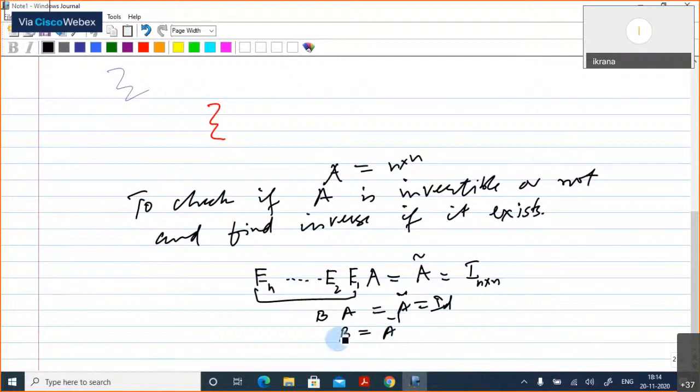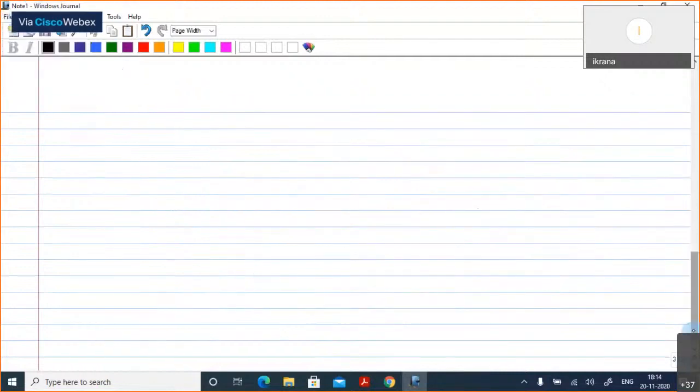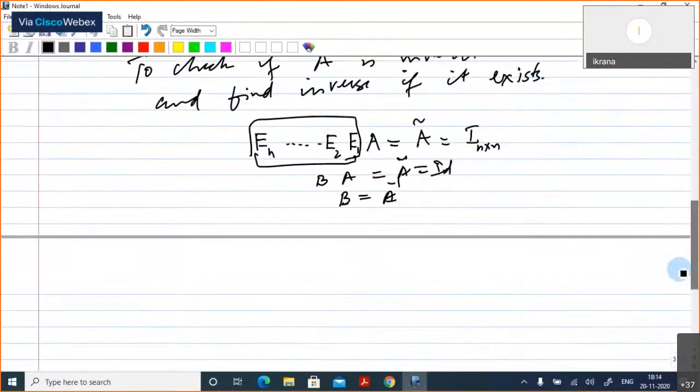So to get this B, which is A inverse, I have to keep track of the order in which I am doing the elementary row operations. For that, write down A, and next to it write down the identity matrix. That is the target I am trying to reach. I apply E1 to this, and then I apply E2, and so on.